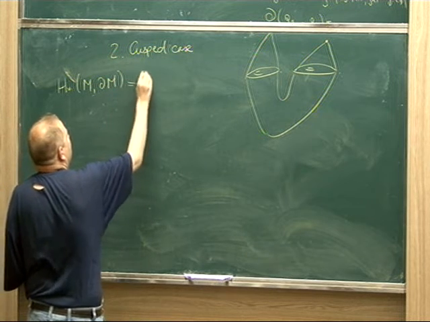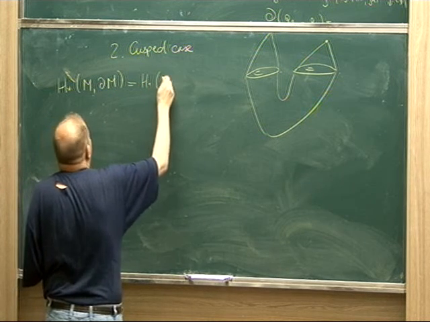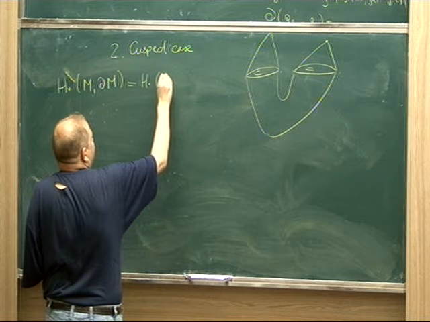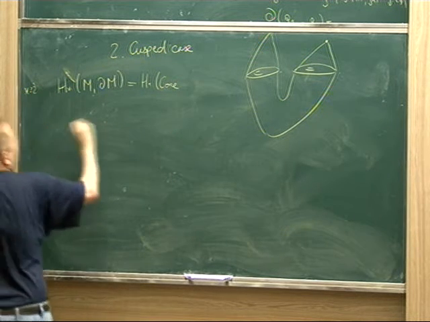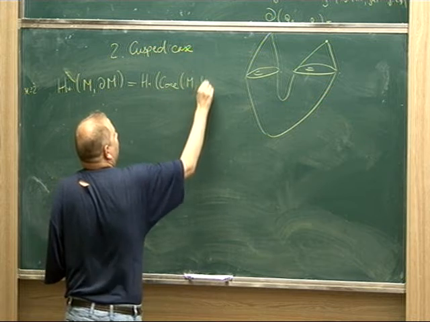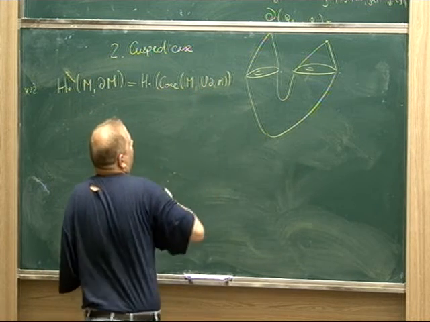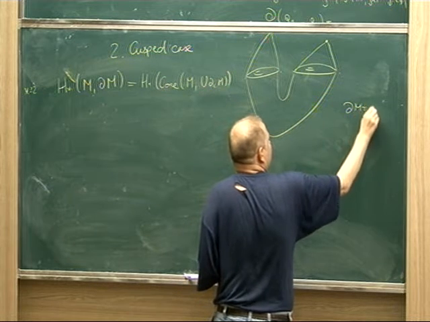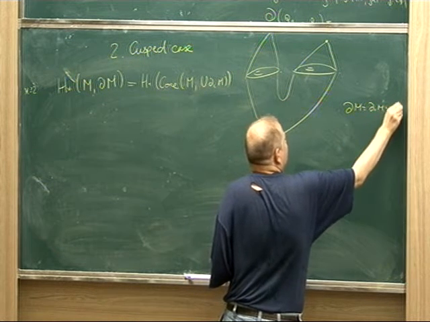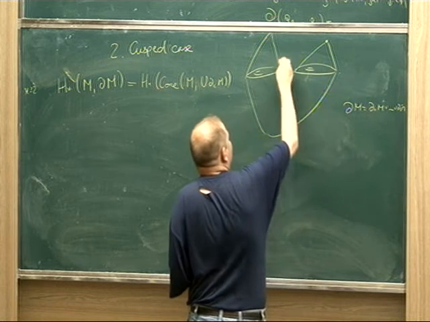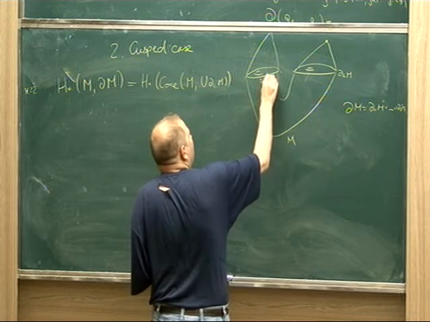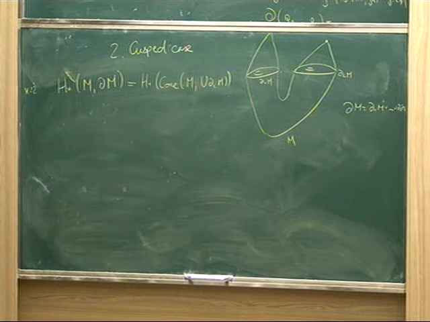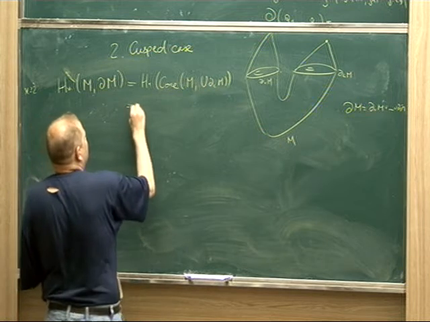So this is, as you know, the same as if you take the boundary which has some path components, and we take the cones over each path component.